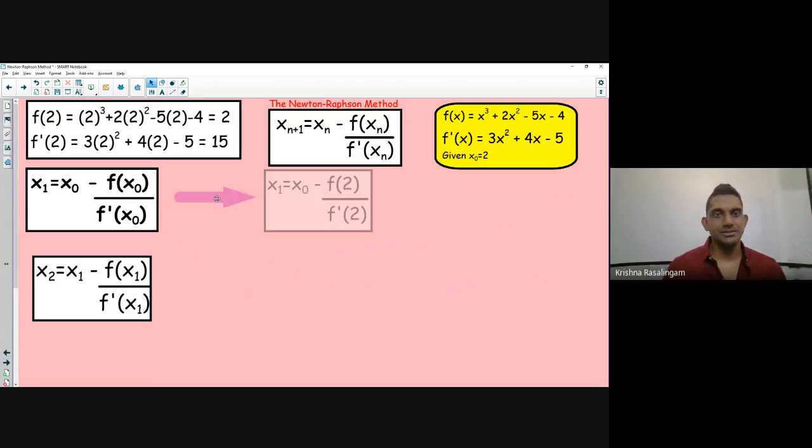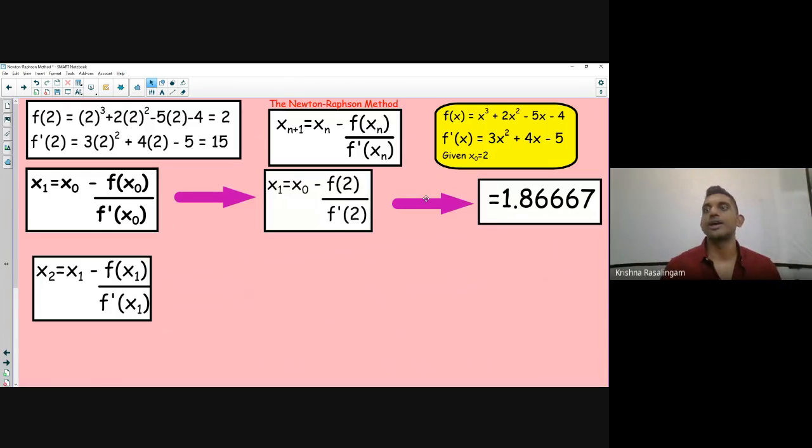If I sub that in, I get that, which gives me 1.86 recurring. What do I need to do with that? Exactly, that is 1.86 recurring, my x1. So I sub that into the formula.